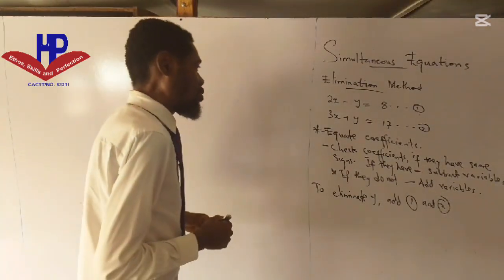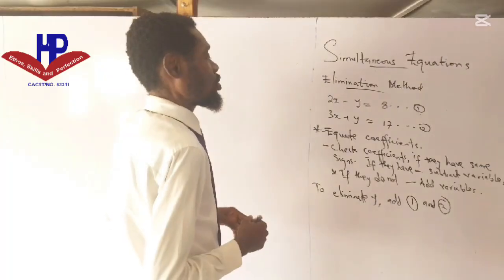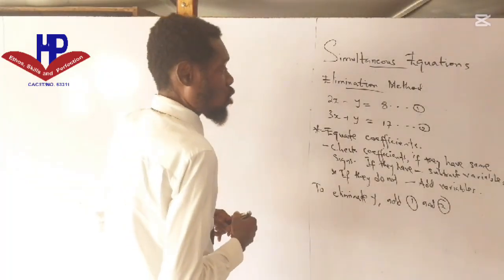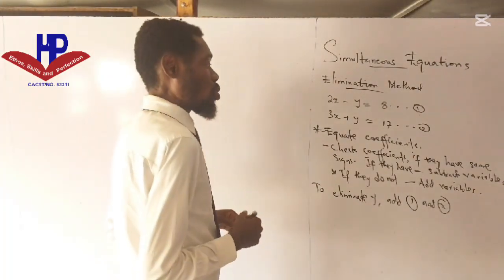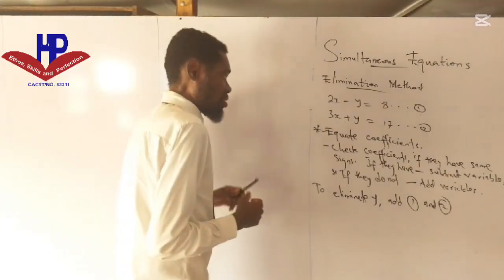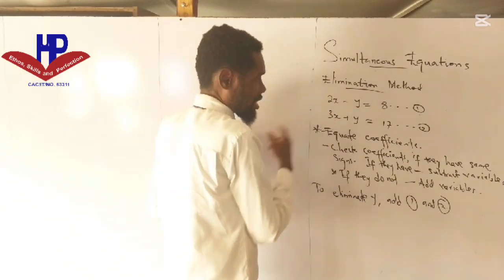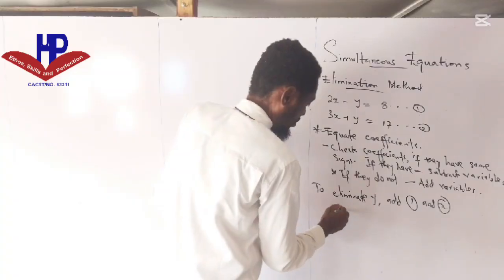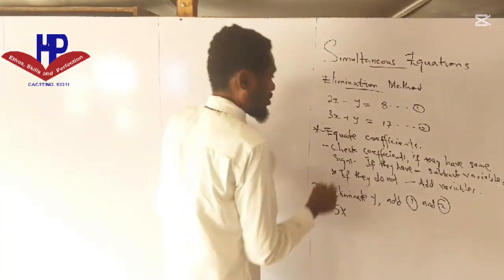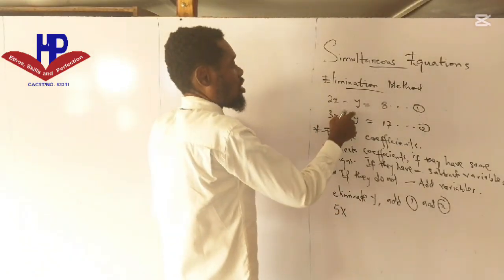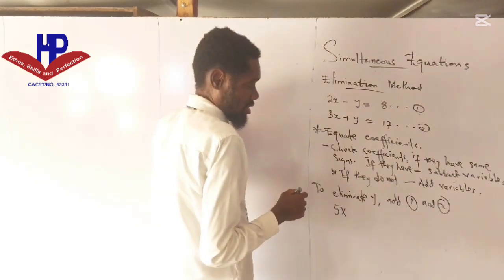That will be equation 1 plus equation 2. Let's add directly. 2x plus 3x will give us 5x. Minus y plus y will be 0.